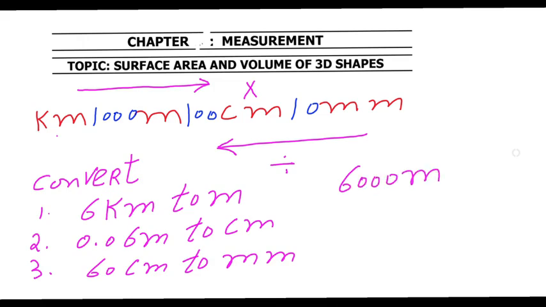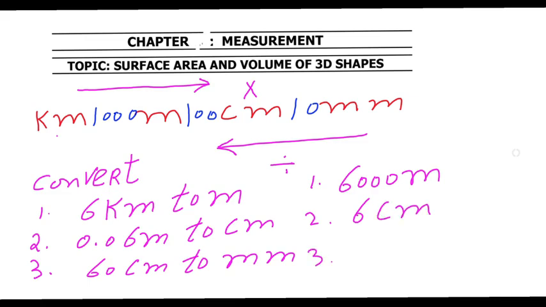Now for the second one, 0,06 meter to centimeter. From meter going to centimeter, again you multiply. So 0,06 multiplied by 100, answer is 6 centimeter.